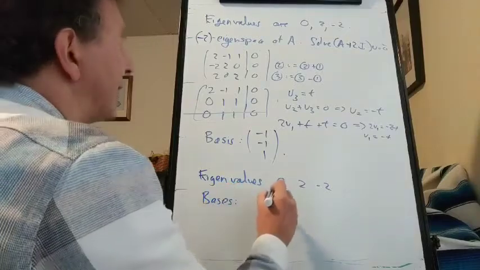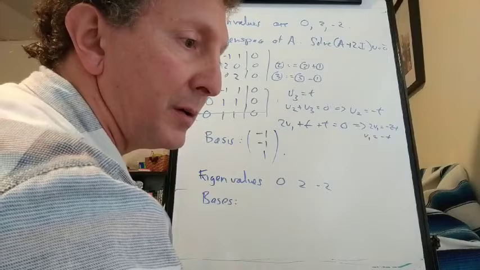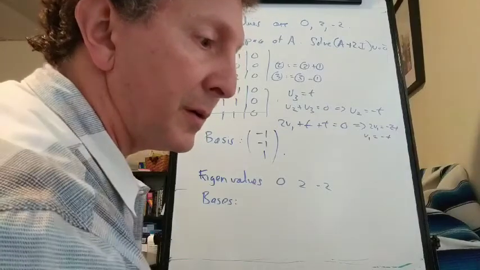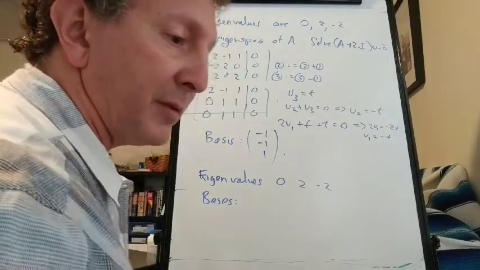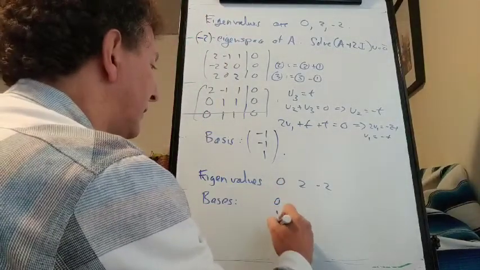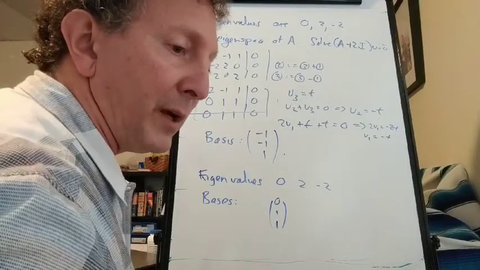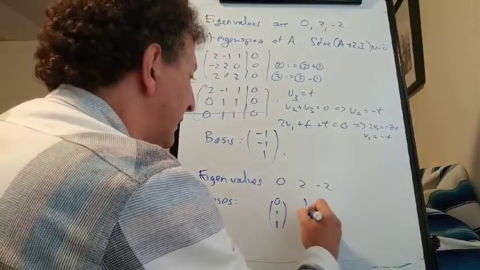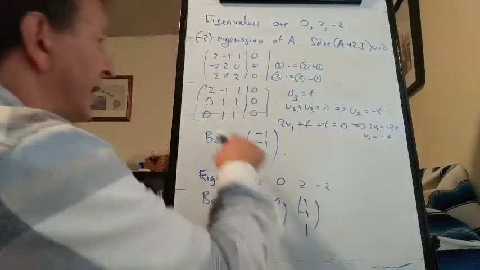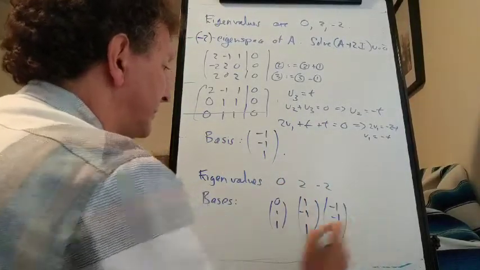And the bases are: for the 0 eigenvalue, we have a basis of 0, 1, 1. For the 2 eigenvalue, we have a basis of 1, negative 1, 1. And for the negative 2 eigenvalue, we have a basis of negative 1, negative 1, 1.